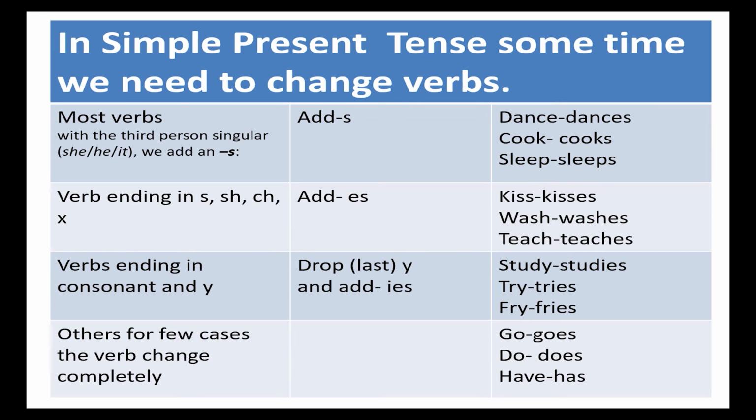The verb ending in consonant and y, we drop the last y and add ies, like study, studies, try, tries, fry, fries. Next, for few cases the verb changes completely, like go, goes, do, does, have, has.